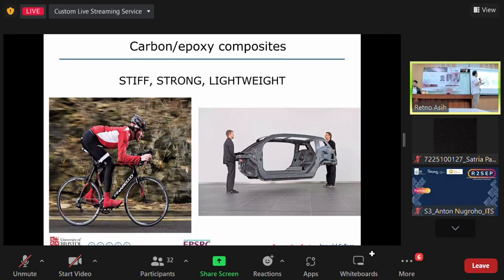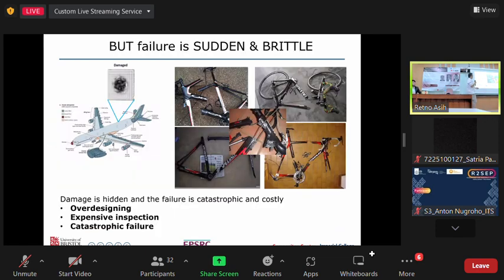One of the most highly used composite materials is carbon epoxy composite. It is stiff, strong, and lightweight, so you can carry it like this body of a BMW i3 car. Two people can carry it, and there's also a nice carbon bicycle. But what is the disadvantage? It breaks easily. It's a brittle and sudden failure.